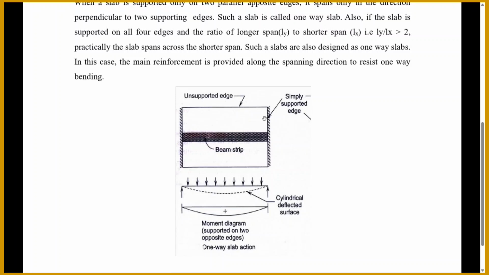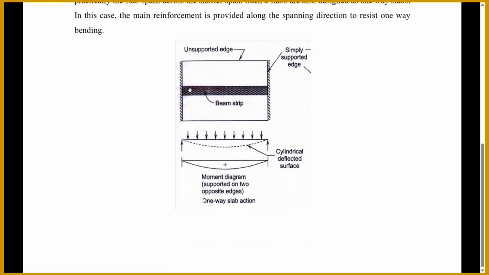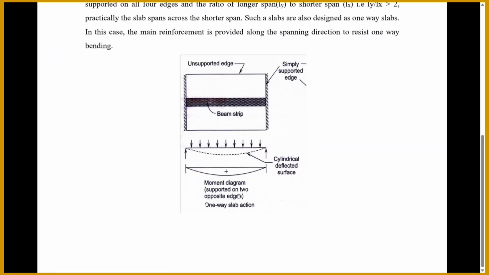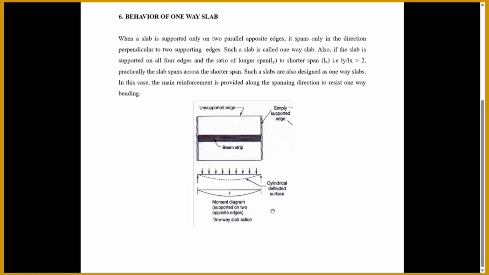As you can see, this is the simply supported edge, this is the unsupported edge, and this is the beam strip. The deflection diagram of the beam strip is a cylindrical deflection, and the moment is a positive moment, supported on the two ends of the one-way slab.